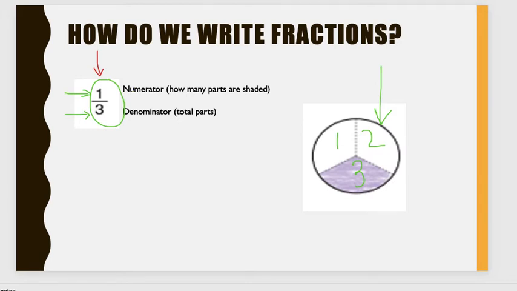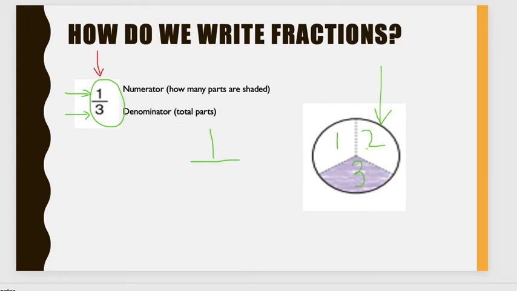So, our numerator tells us how many parts are shaded. So if I look at my circle here, I could see only one part is shaded purple. So I would put my 1 first. We have my little line. My denominator, which is my bottom number, tells me what's the total parts this shape had.